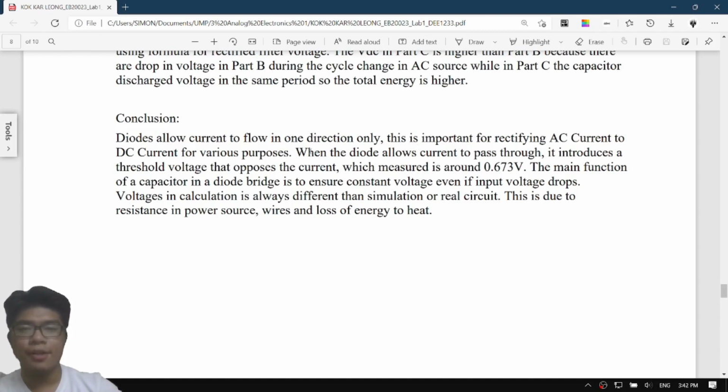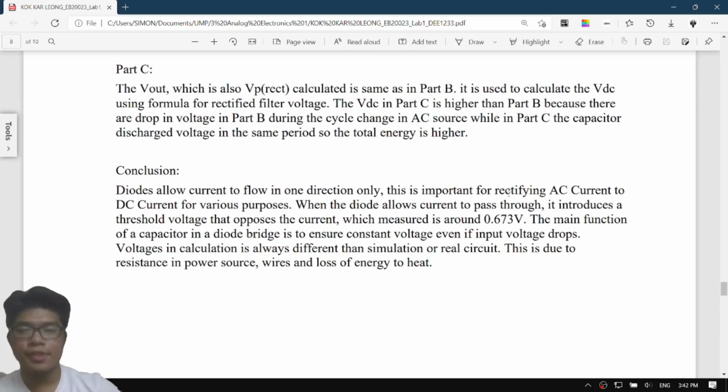Also, in part A, we know that when a diode allows current to pass through, it introduces a threshold voltage that needs to be overcome before current can pass through, which was measured in this lab to be around 0.673 volts. The main function of a capacitor in a diode bridge is to ensure constant voltage even if the input voltage drops, as seen in part C.